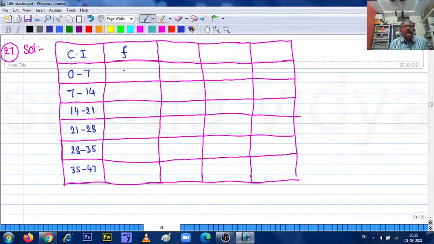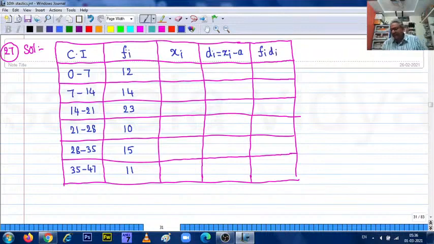The frequencies given here are 12, 14, 23, 10, next 15 and 11. First we need to find out the mid value xi. Next di is equal to xi minus a. Next this is fi into di.